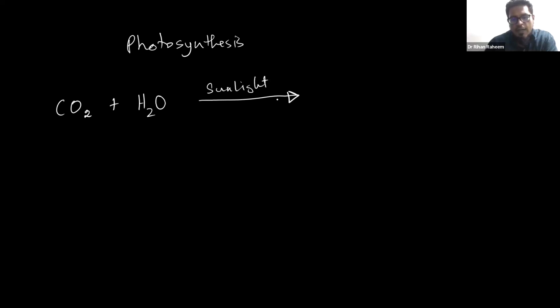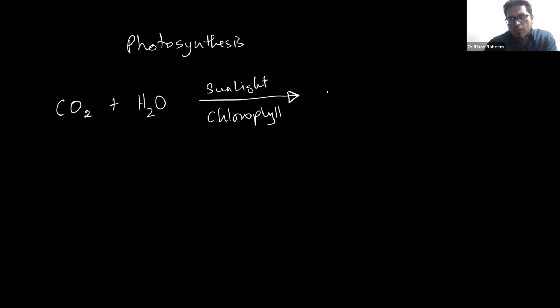In photosynthesis, the inputs are carbon dioxide plus water in the presence of sunlight and chlorophyll, the green color pigment responsible for photosynthesis.